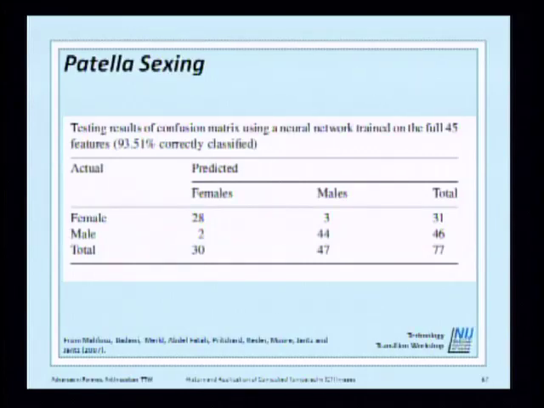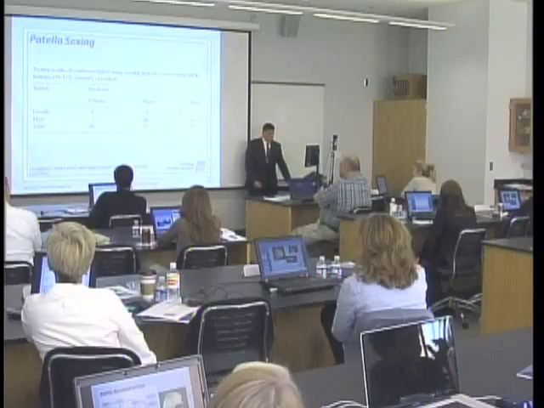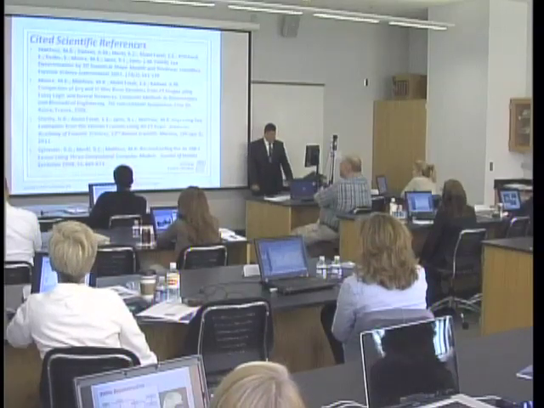Here you see the confusion matrix where we predicted 28 correct and 2 wrong, and we predicted 44 males and 3 wrong, and that's basically to test the software. And that's some of our work. If you have any questions, please.